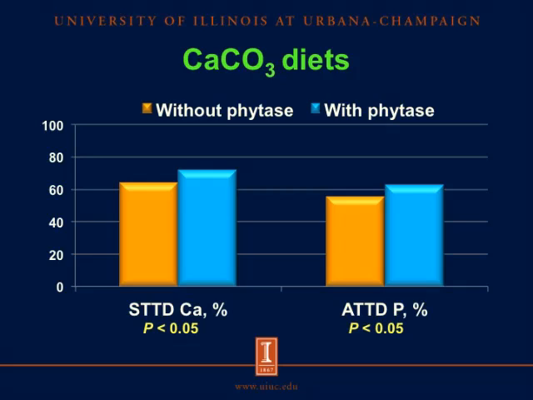These are the calcium carbonate diets, and here we observe that the digestibility of calcium and digestibility of phosphorus increased with the inclusion of microbial phytase. This is in agreement with the results obtained from the basal diets that contain calcium carbonate as the only source of calcium. Therefore, this may indicate that calcium was bound to phytate.